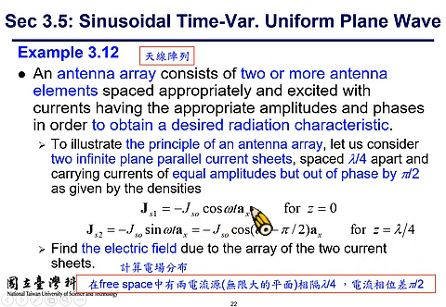And the signals are sinusoidal signals of the same frequency, as you can see here, they both have the omega parameter. So J_S1 is J_S0 cosine omega t. And J_S2 is cosine omega t minus pi over 2.